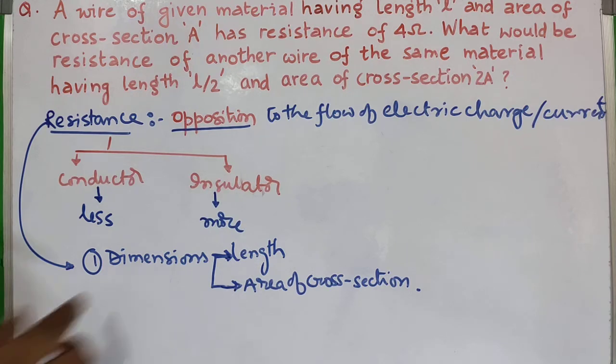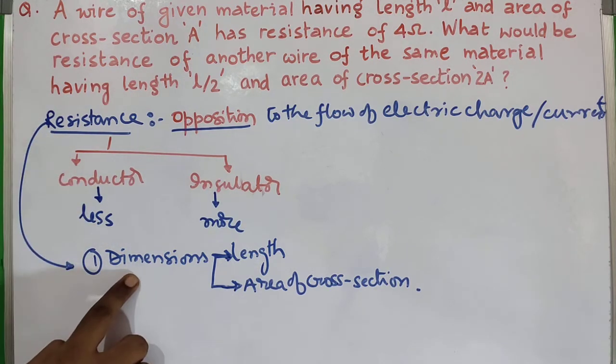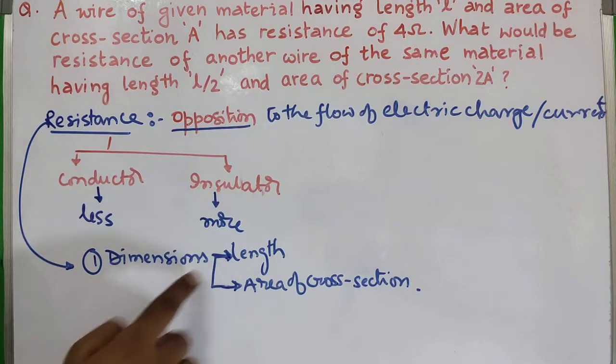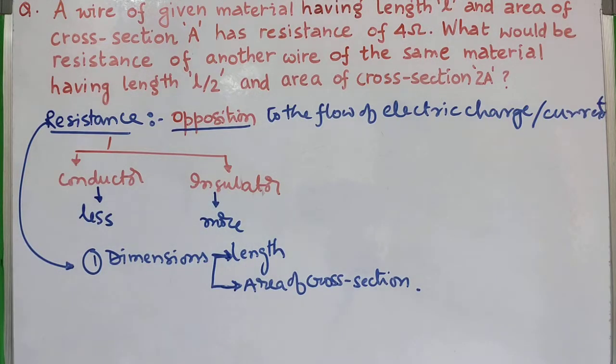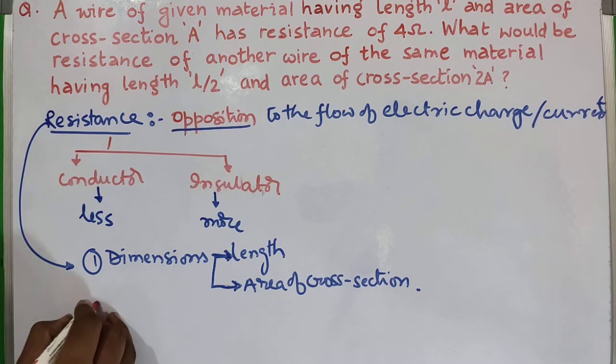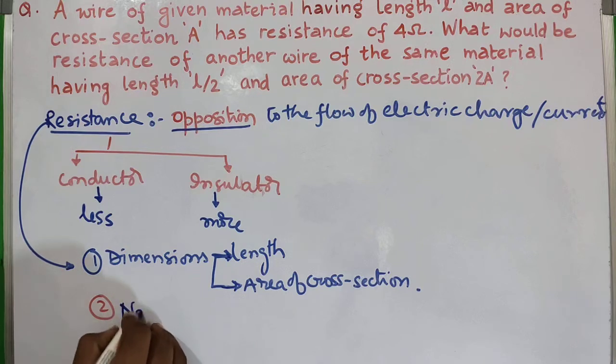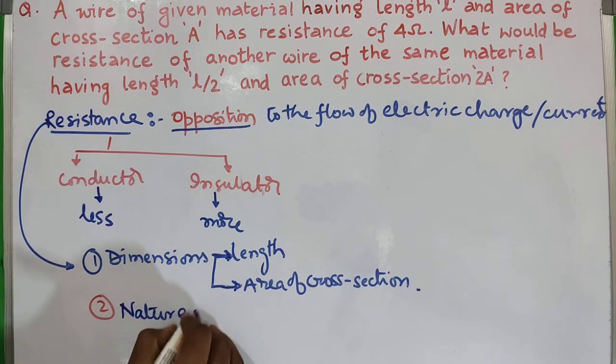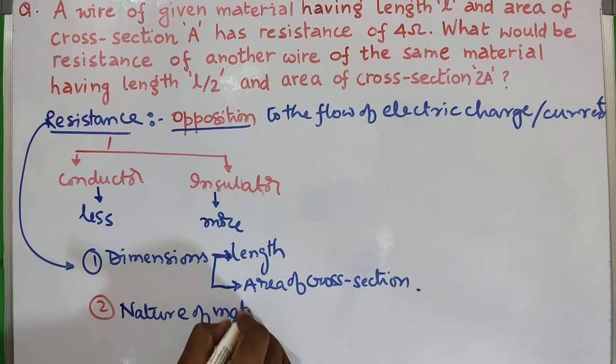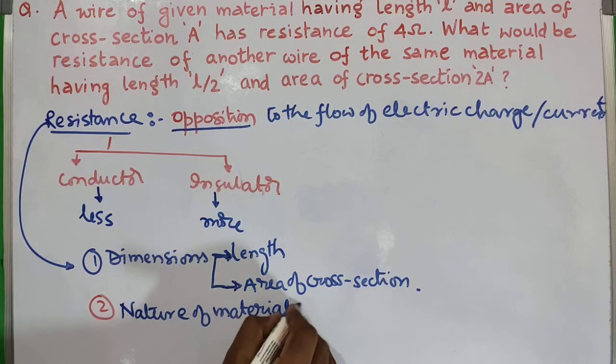So here the resistance is dependent upon dimensions. What are the dimensions? Length of the conductor and area of cross section. And the second thing is the nature of the material. Nature of material means how the material is formed, how my conductor is formed.